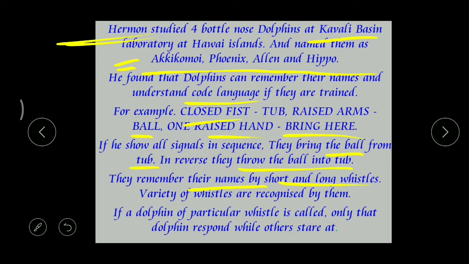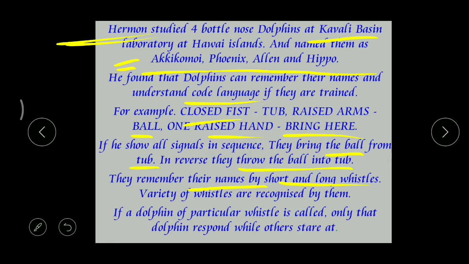In this way, with short and long whistles, they could remember their names. And whenever these animals are called with the name, only that animal responds, and the remaining animals will be busy in their work.